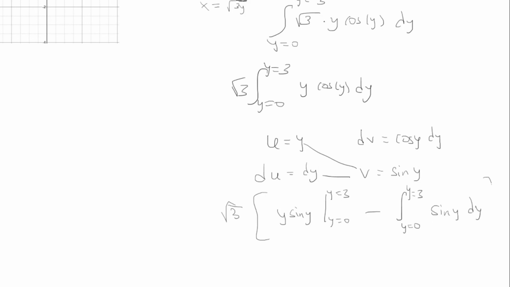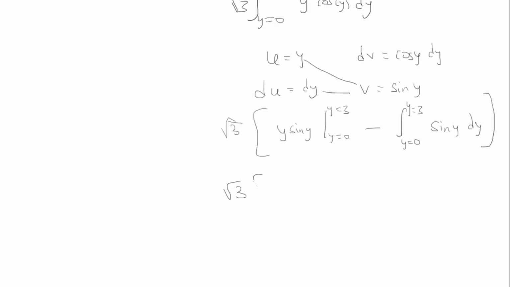Now I'm going to multiply this out. So I'm going to plug in y equals 3. It'll be 3 sine 3. If I plug in 0, it's just 0, because 0 times sine 0 is 0. Minus, find the antiderivative of sine y, which is negative cosine y. We're going to evaluate it from y equals 0 to y equals 3. The two negatives will make it positive.